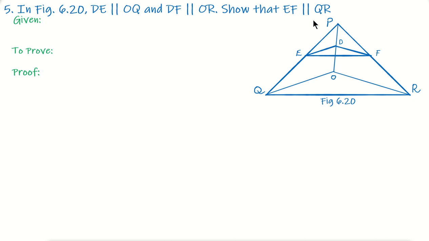So, இந்த trianglesல two lines are parallel அப்படின்றது given condition. அதுல என்னன்னு பார்த்தோம்னா in the smaller triangle POQ, DE, this is the portion parallel to one of the side of the triangle OQ. Like the same in the other portion triangle POR, இங்க DF, this line is parallel to one of the side of the triangle OR.